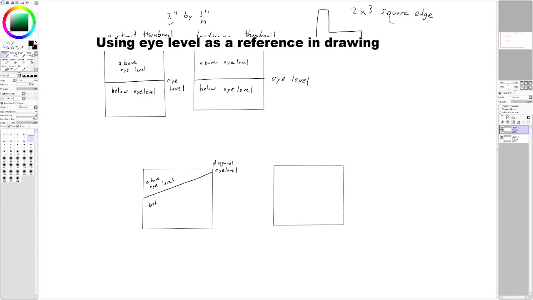And this is below eye level. And in this instance, you could even go the opposite way if you wanted to. Well, I mean, it would look confusing if you had it like, I meant more like below eye level and above. I hope you could read my writing.